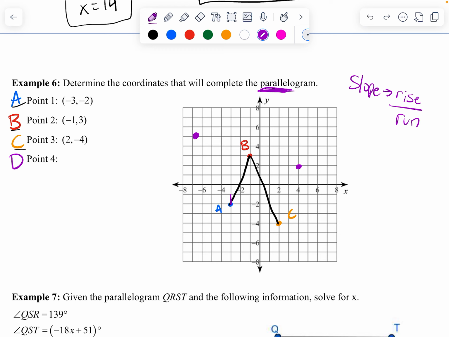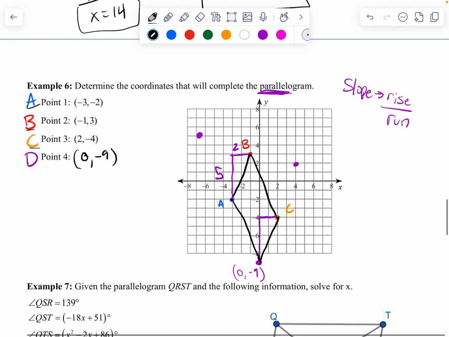So it's going to be rise 1, 2, 3, 4, 5, run 2. That means it's going to be run 2, and 1, 2, 3, 4, 5. So that would be at -9 down there. Okay, and then connect. There's the parallelogram. So it ended up slightly off the graph, but that's totally fine. Okay, there you go. Answer, you're done.